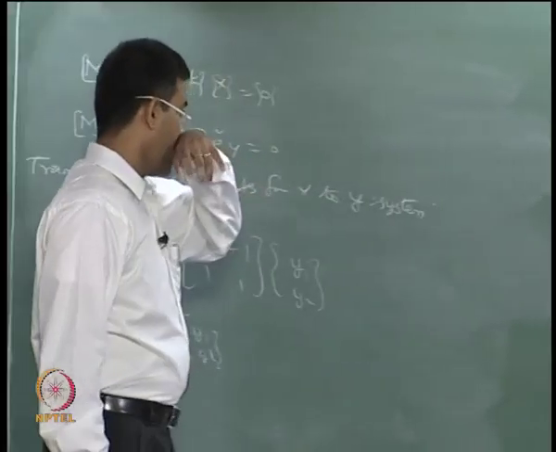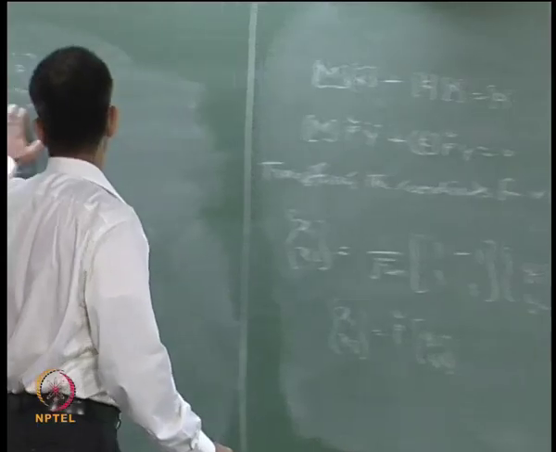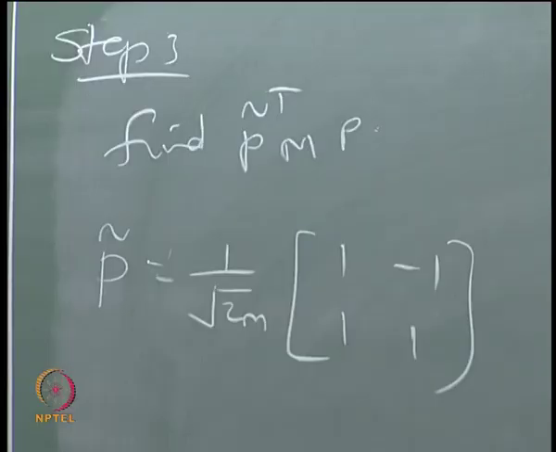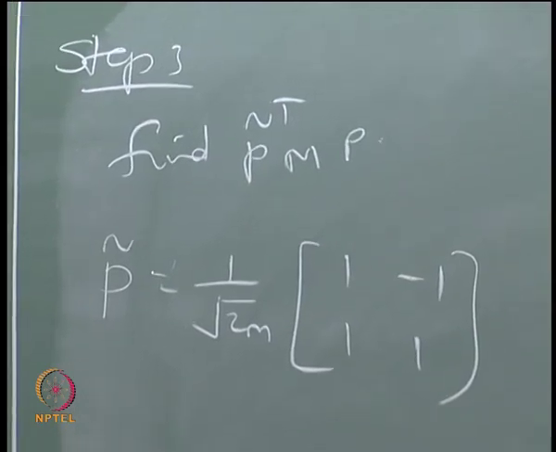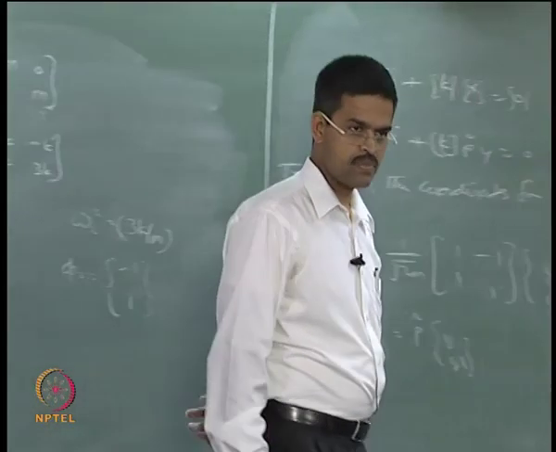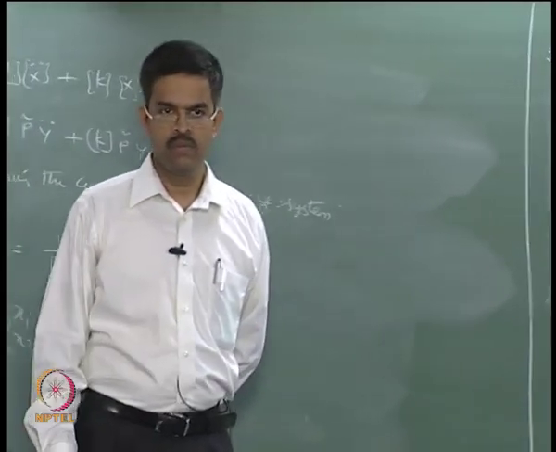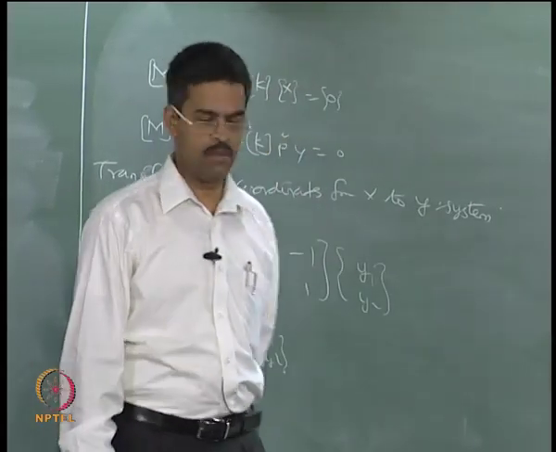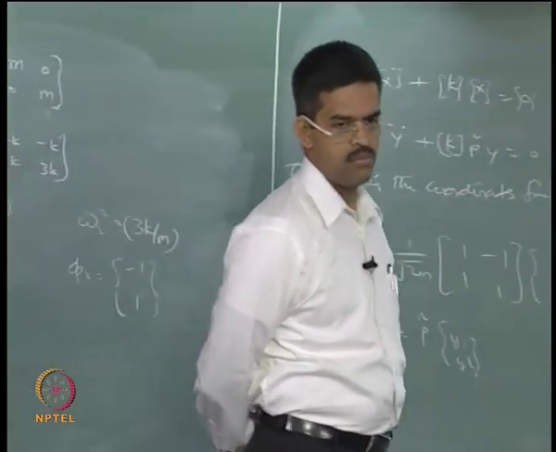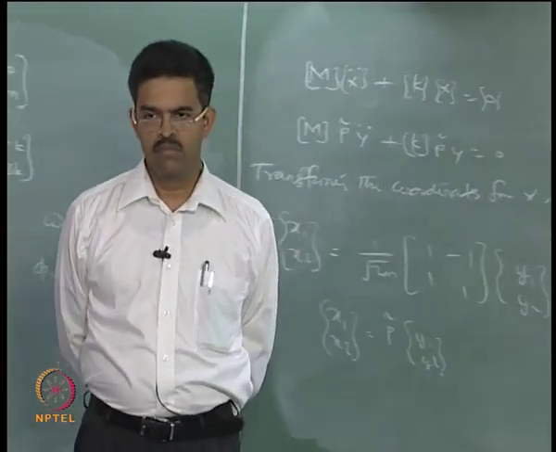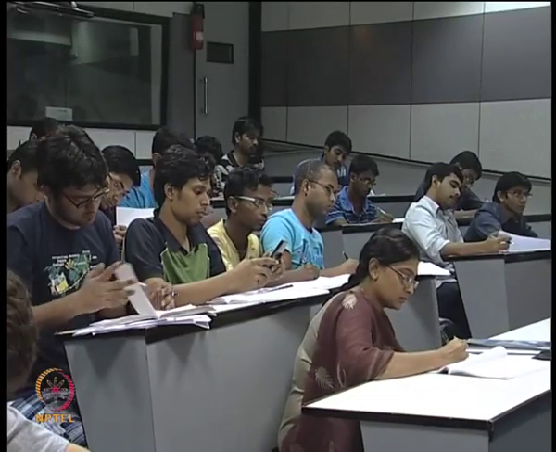Yeah, and M matrix already you have it here. So do this transformation and tell me what is P tilde M P, quick. What you should get otherwise? Identity matrix, okay, please check immediately, quick, if you do not get I, there is a problem. Are we getting? Yes, good.